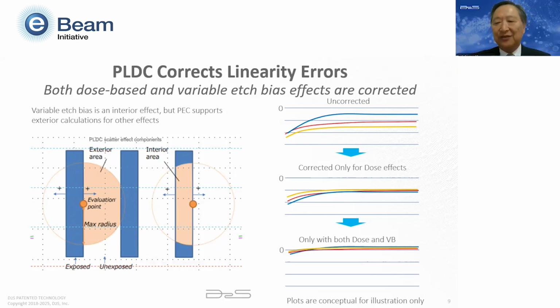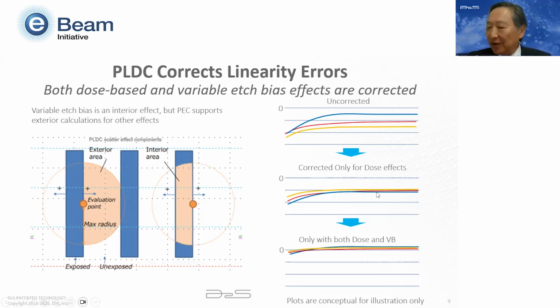You have to have 2 different computing kernels to be able to do this correction. And the picture on the right is demonstrating that. Yellow, red, and blue are different densities, right? And the left side is the smaller shape, the right side is bigger shapes, and the linearity drop off, as you see, is pretty severe if you don't do any correction, and that's why you need linearity correction, right?